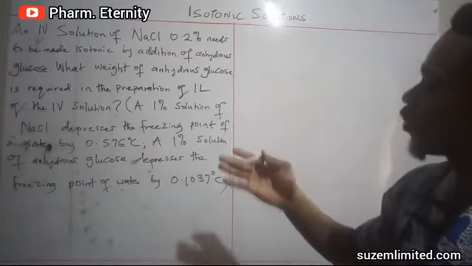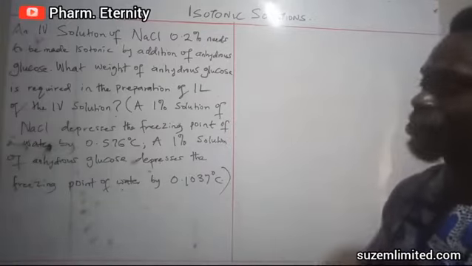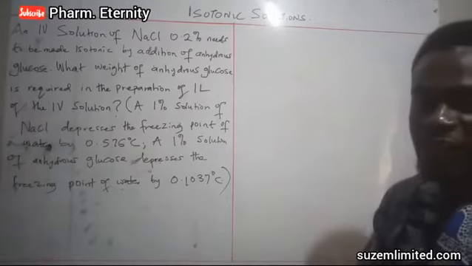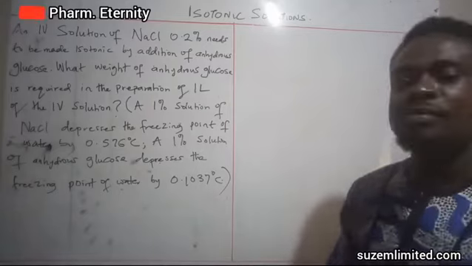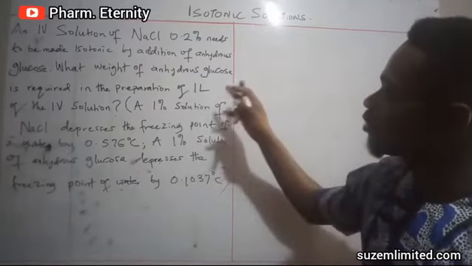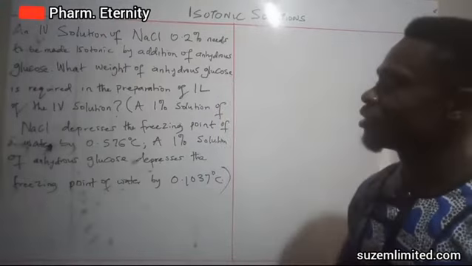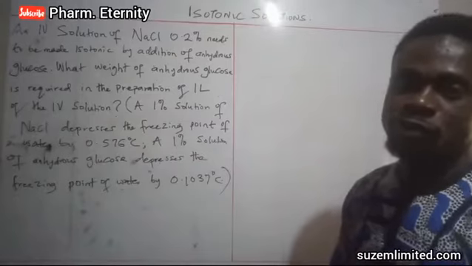What weight of anhydrous glucose is required in the preparation of 1 liter of the IV solution?